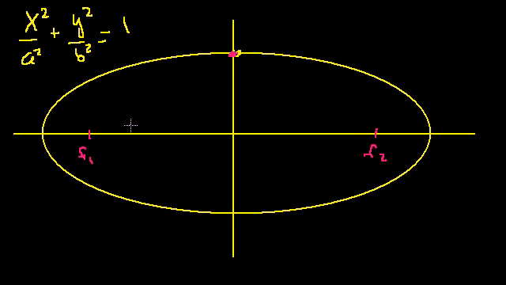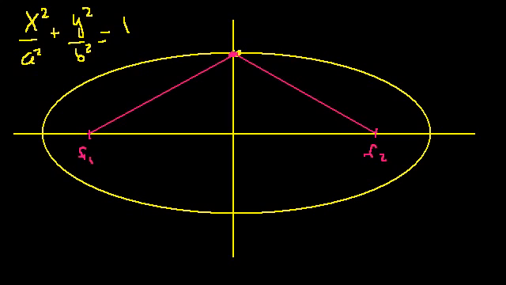And we've already said that an ellipse is the locus of all points, or the set of all points, that if you take each of these points' distance from each of the focuses and add them up, you get a constant number. And we figured out that constant number is 2a. So if you take this distance right here and add it to this distance right here, it'll be equal to 2a.